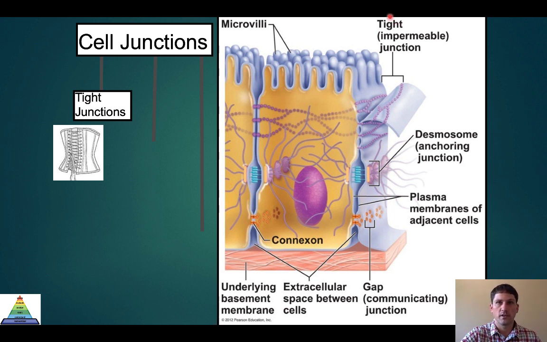So we can see tight junction up here. It almost looks like some quilting or stitching that has held these plasma membranes together. And what that does is it creates a really, really tight junction so that substances can't pass through in between these cells, because we're trying to create a barrier. We don't want things moving in and out freely between the cells.